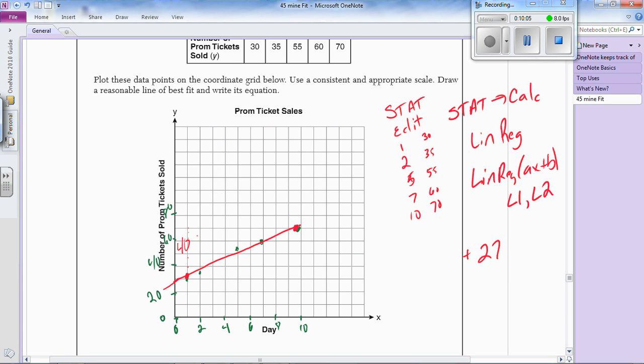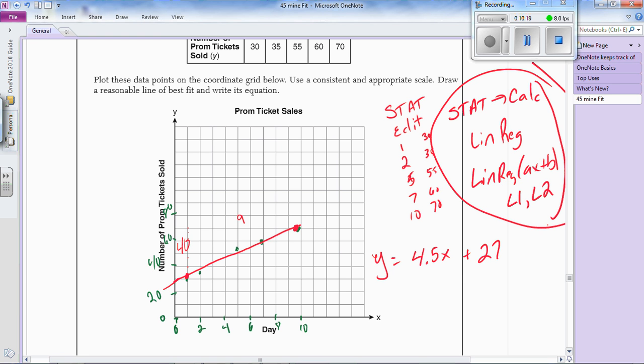And it goes over 9. So 40 over 9 is somewhere around 4.5x. So that would be my equation. The calculator would give you the exact value, but this is pretty close.